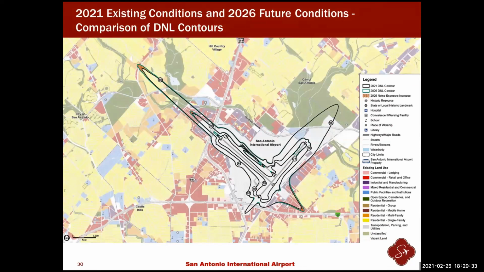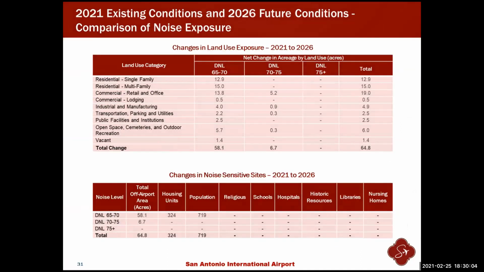As you can see in this comparison of the 2021 and 2026 DNL contours, their respective footprints are very similar. You will notice, however, that we are expecting to see slight increases in size to the DNL 65 noise contours to the northwest and southeast of the airport. The noise contour size increase in the northwest reflects the expected increase in aircraft arriving on runways 13 left and 13 right, and the slight increase to the southeast reflects the expected increase in aircraft departing runways 13 left and 13 right.